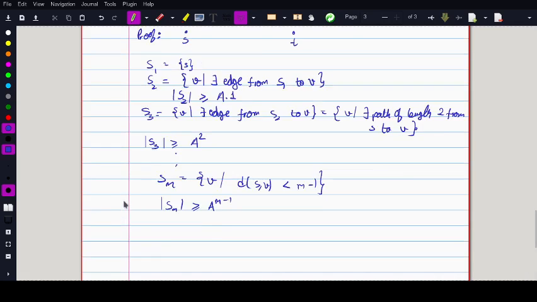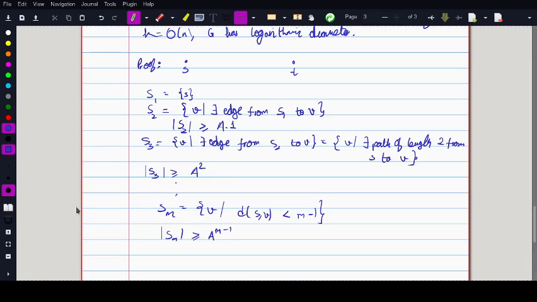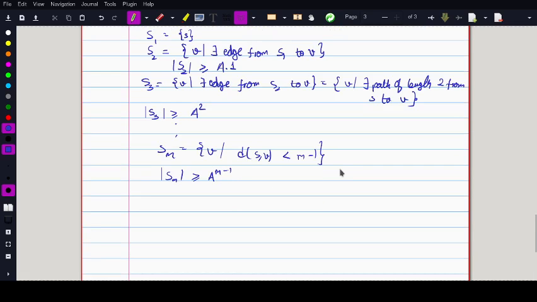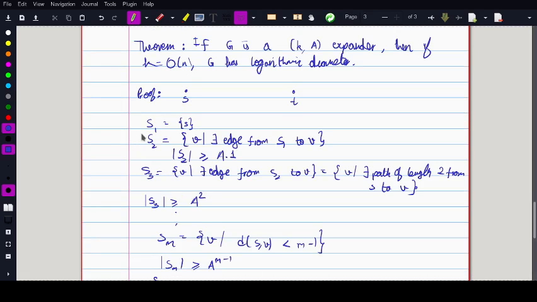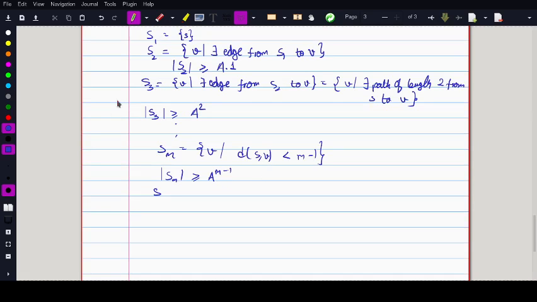So we know that we can keep doing this until we reach t. If the diameter was some length, let's say d, then we know that t would lie in Sd.